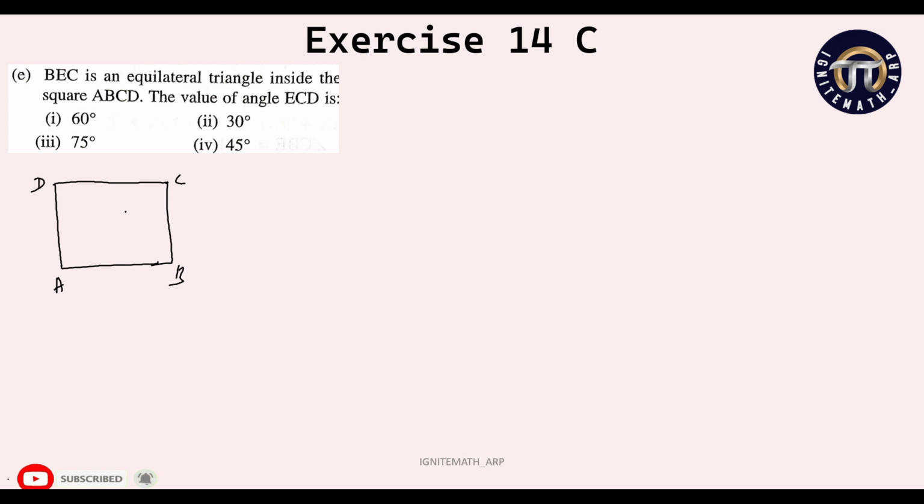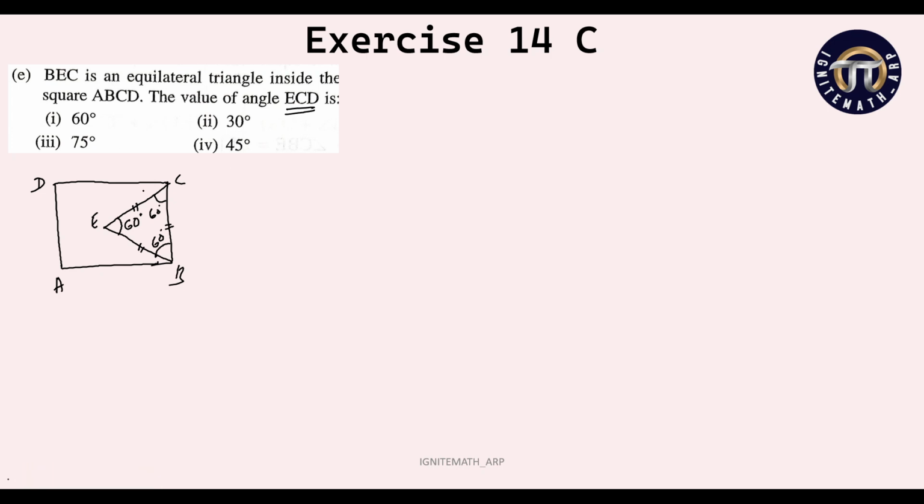BEC is an equilateral triangle, so this side is equal to this side is equal to this side. So the value of each angle should be 60 degrees. The value of each interior angle of an equilateral triangle is 60 degrees. Now you're asked to find out the angle ECD.